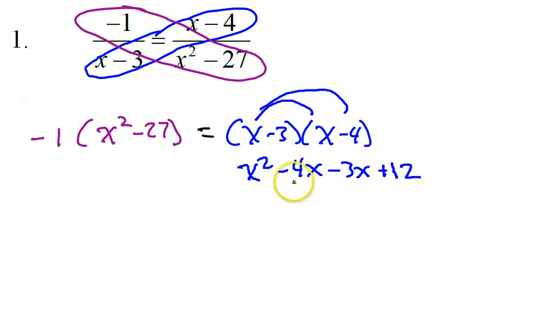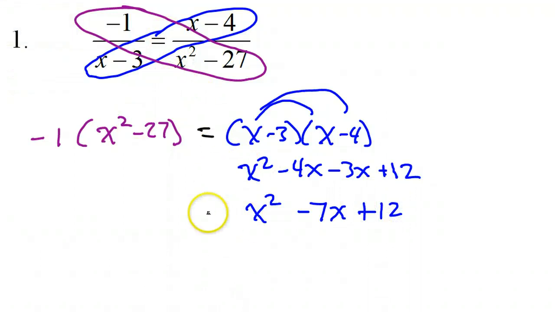Combining these like terms here in the middle is going to give us x squared minus 7x plus 12. And then distributing the negative 1 here is going to give us negative x squared plus 27.